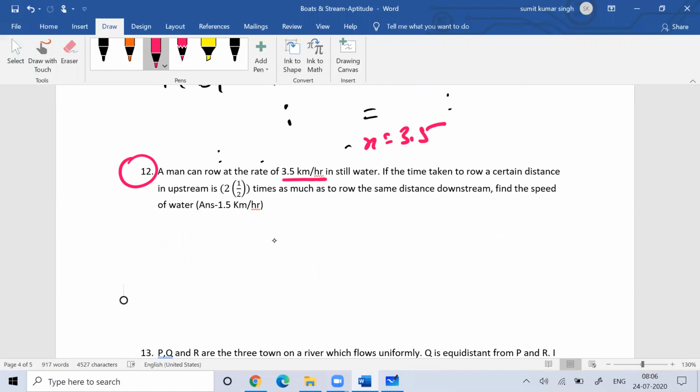The time taken to row a certain distance upstream is 5/2 times the time taken to row the same distance downstream. So find the speed of the stream, y.